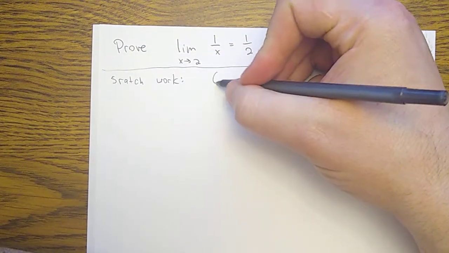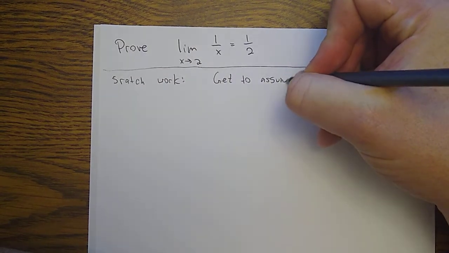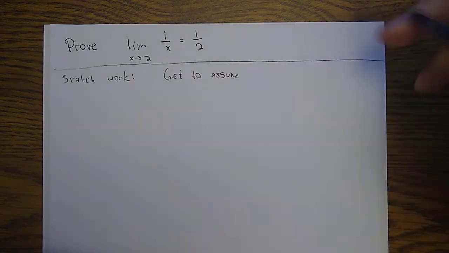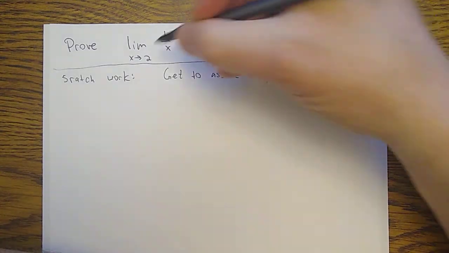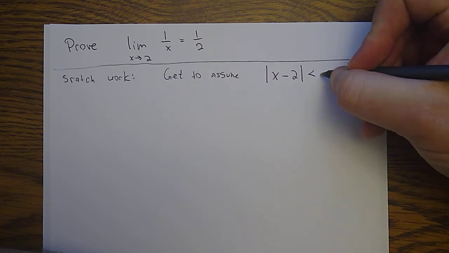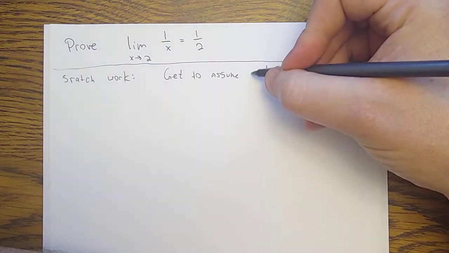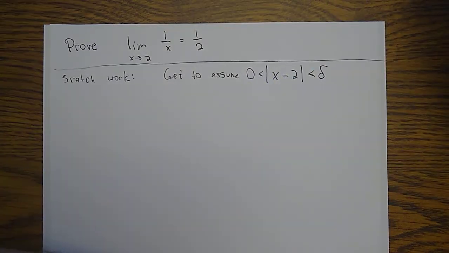Our scratch work is where we get to assume, once again, we've done this a few times, I get to assume that x minus the number that x is going to is smaller than delta. And yeah, we hardly ever use this, but I get to assume that it's greater than 0 as well.